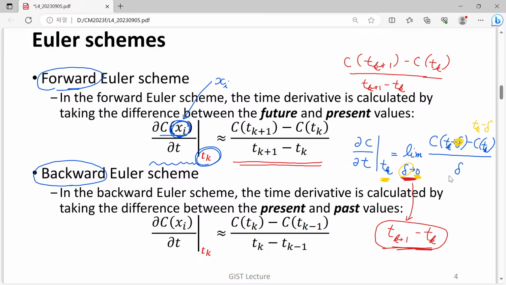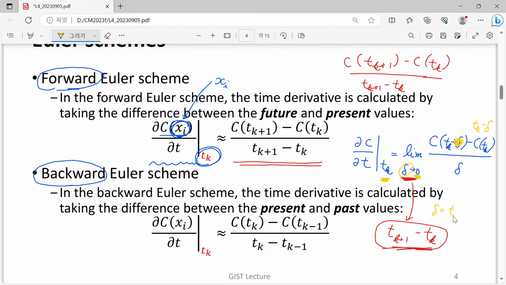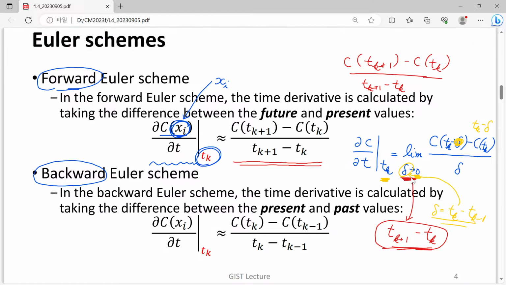In this case, let me say that this delta is, once again, t sub k minus t sub k minus 1. Then what will happen if we insert it for delta? Then we immediately have the expression shown here.